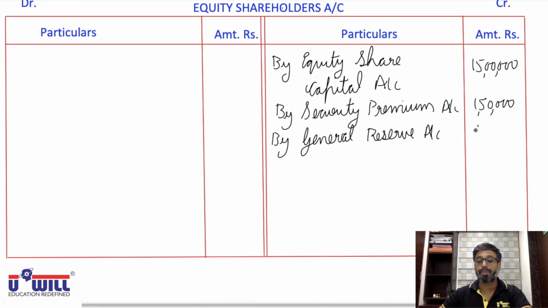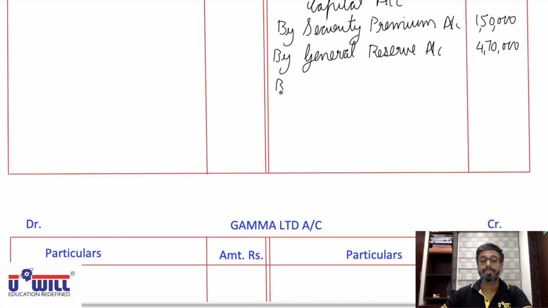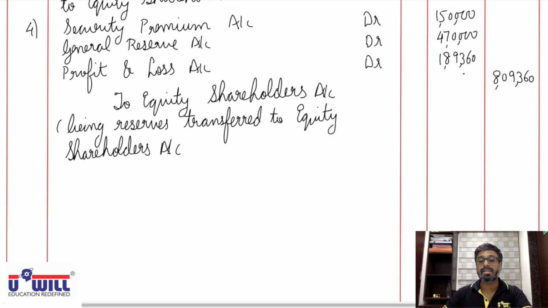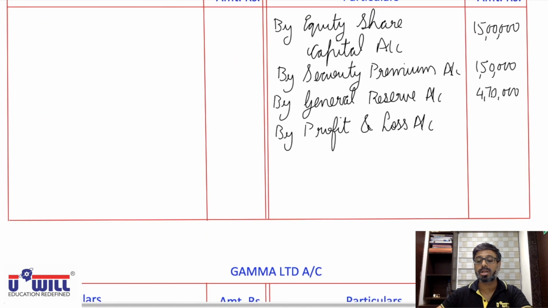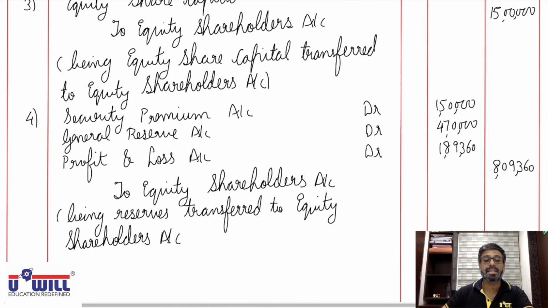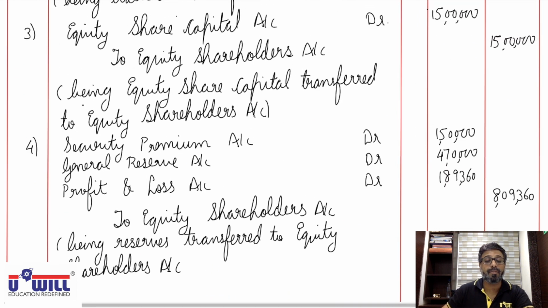And then by profit and loss account, what amount? 189,360. Okay, by profit and loss account 189,360. First 6 entries would have single effect only. Okay, so basically this was the fifth entry, the preference share capital entry was not there.